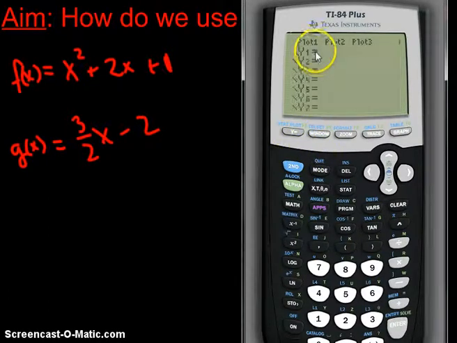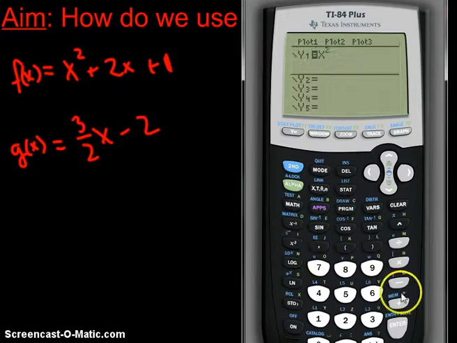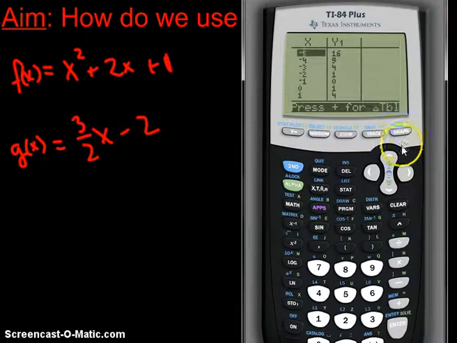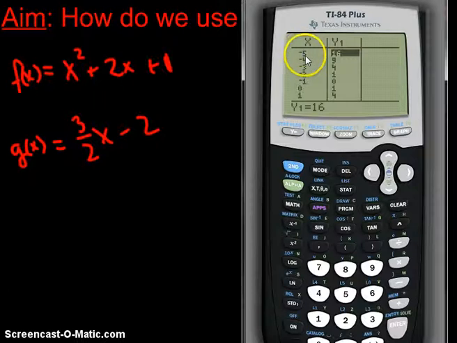Alright, so y is the same thing as f of x, so let's just plug in x squared plus 2x plus 1. And if we press second graph, we can calculate the value of f of x when x is equal to negative 5. If x is equal to negative 5, f of x is equal to 16.